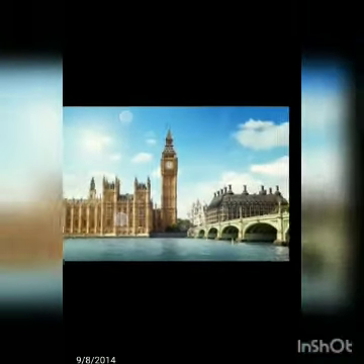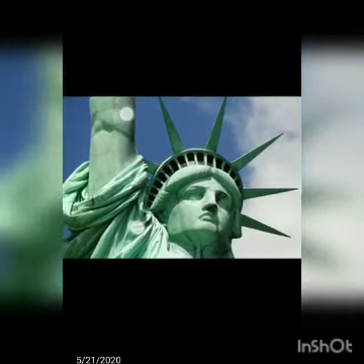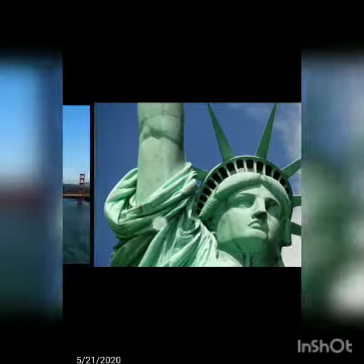Another one we have, this very famous statue. Yes, the Statue of Liberty. It's in the United States, right? In which city is this statue? Yes, it's in New York. Very good. Let's see another one.